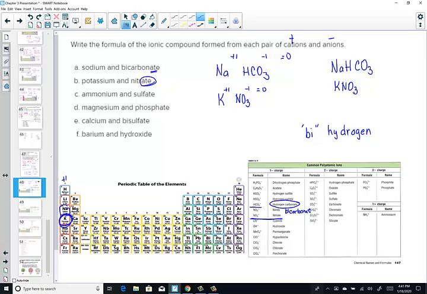Letter C gives us two polyatomics. You hear this one? Ammonium. We're learning that that's a positive polyatomic ion, NH4, one nitrogen chemically bonded to four hydrogens, and it carries a +1 charge. We're going to chemically bond that to sulfate. Sulfate, polyatomic, here the ate ending, that sulfate is SO4 -2.